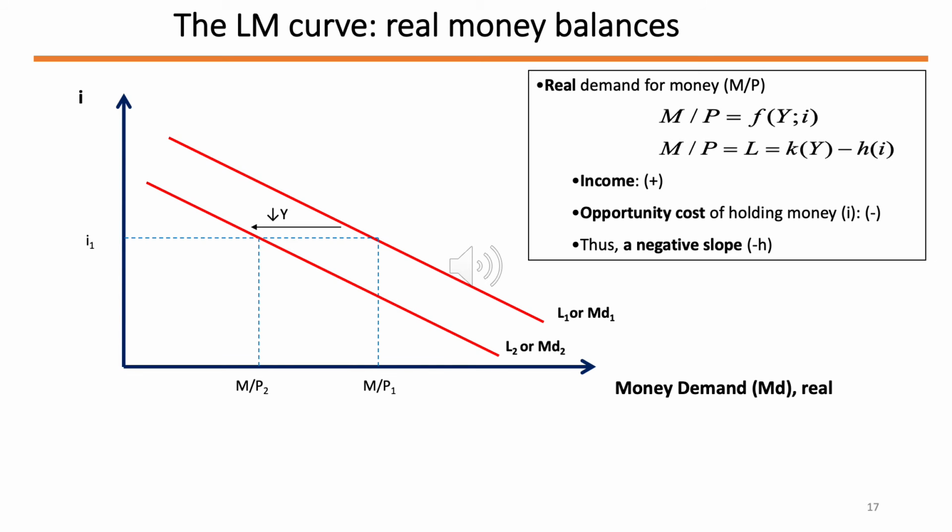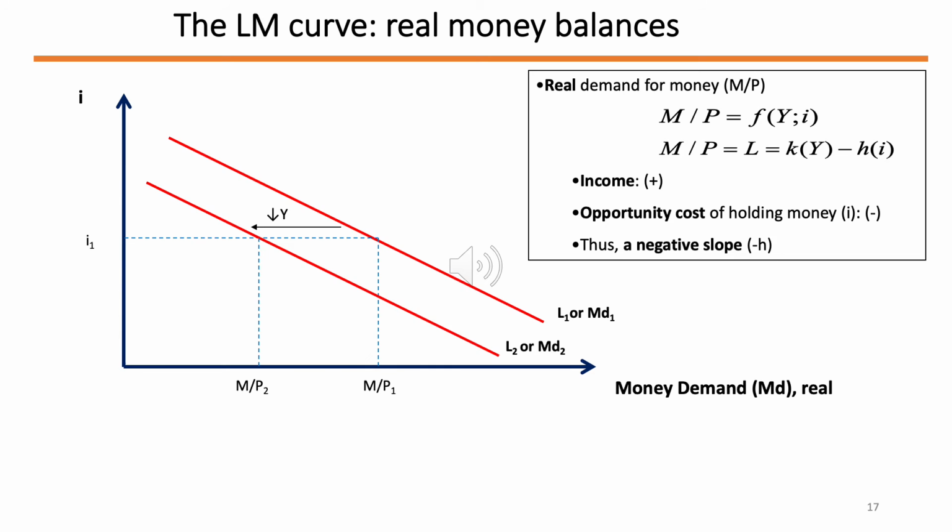The LM function is determined by the two sides of the monetary market, the demand for money and the supply of money. The demand for money in real terms is M over P for the price level. It's explained by two major variables, the level of income in the economy and interest rates. Well, let's start with the level of income.